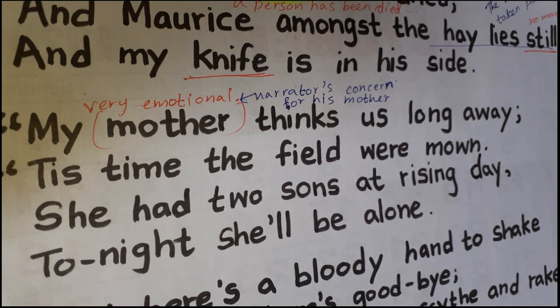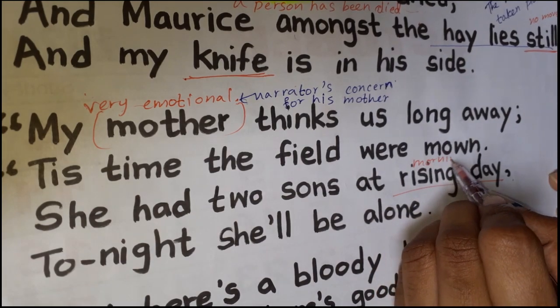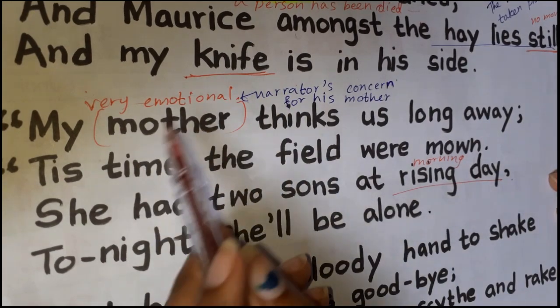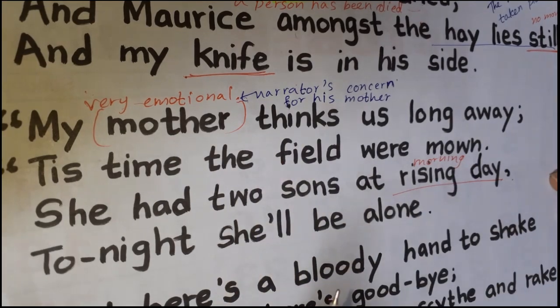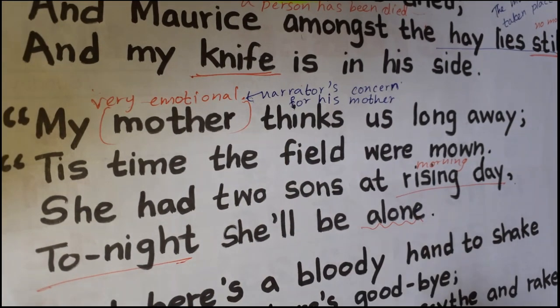It is really emotional because it says that at rising day, meaning in the morning, the mother had two sons, but tonight she'll be alone because one son has already died and the other one is going to leave the place, and the mother will be alone.